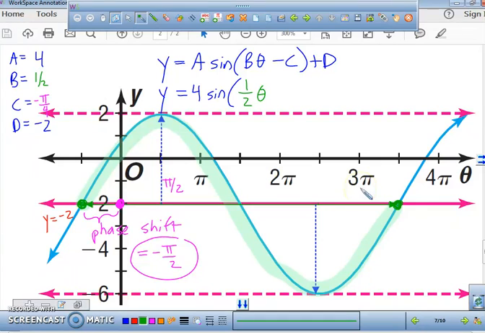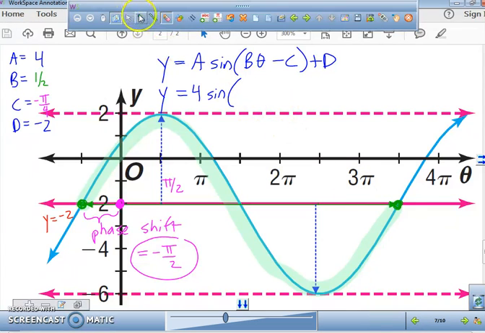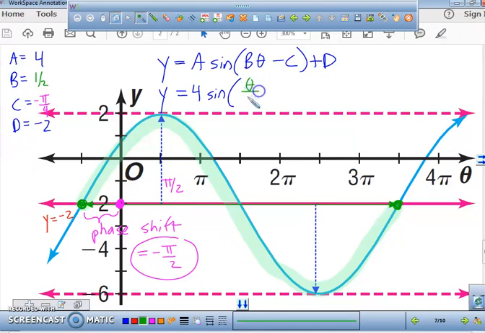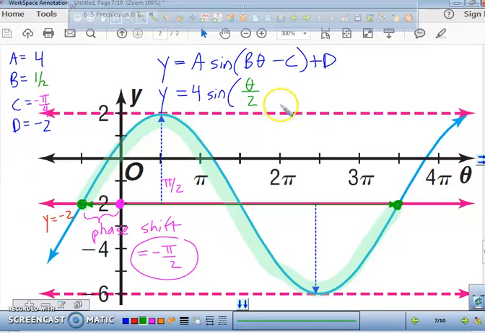But I want you to know that 1/2 of theta means the exact same thing as theta divided by 2. On a paper or an assignment or a quiz or a test, most likely you're going to see a theta over a 2 versus a half of a theta. I'm going to put minus my C value. What was my C value?